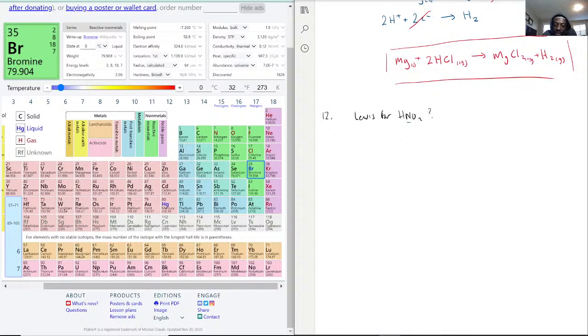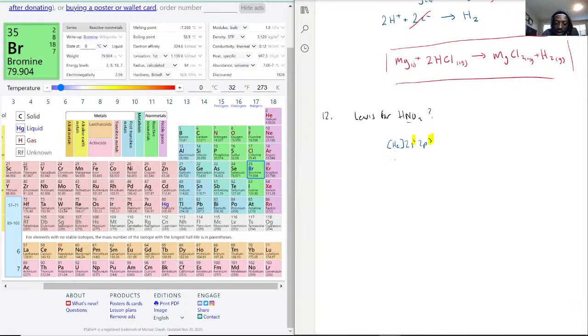So let's see, Lewis for HNO2. We've covered this, but we're going to keep covering it again and again. Nitrogen has 5 valence electrons because it's 2s2, 2p3.